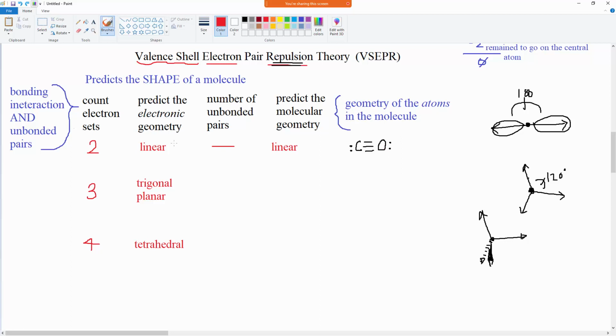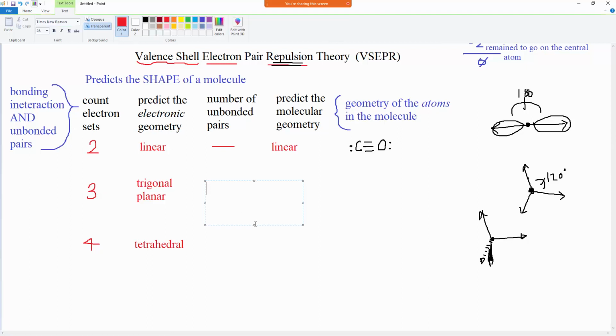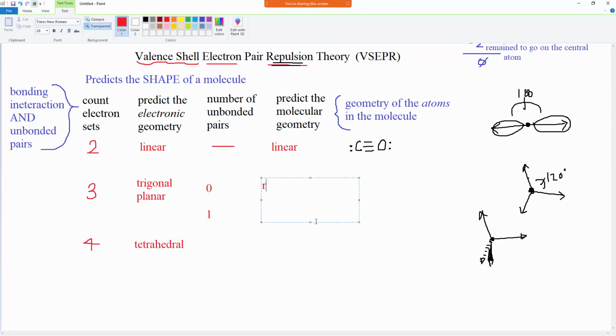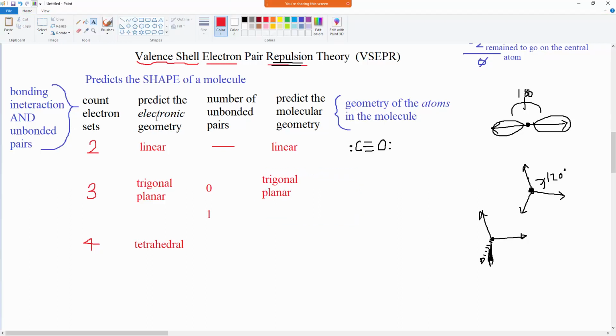We've got lots of examples to come. If I have 3 electron sets, then I've actually got 2 options. If I have no unbonded pairs, then the molecular geometry is the same as it was previously, trigonal planar, because if I have no unbonded pairs, then every single one of these electrons in the geometry terminates in an atom.